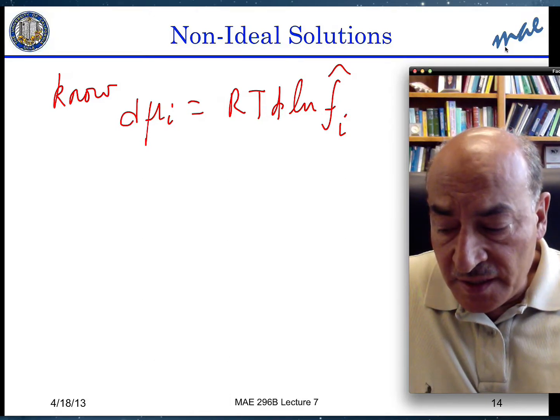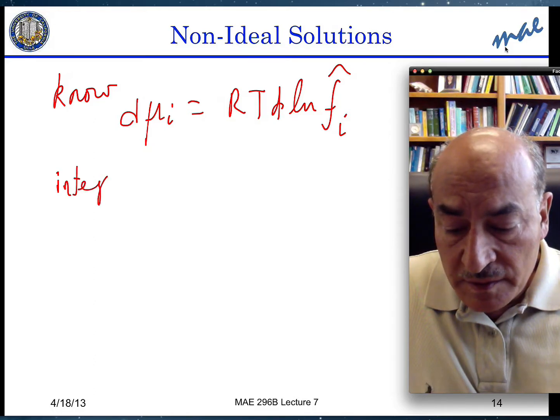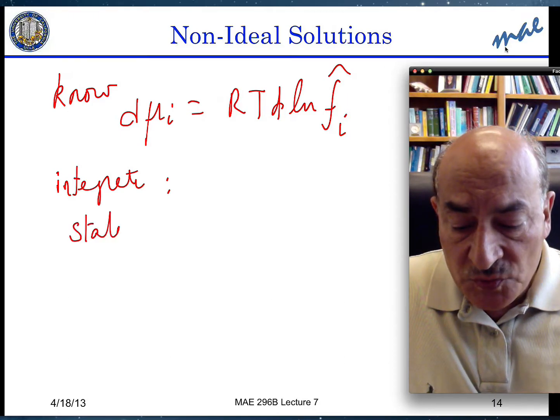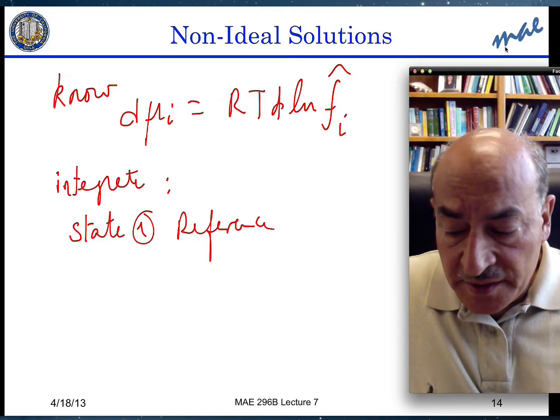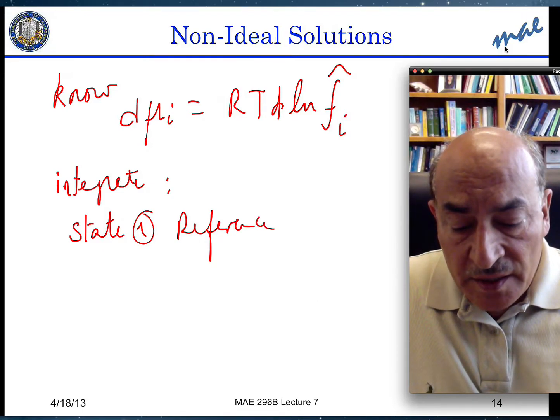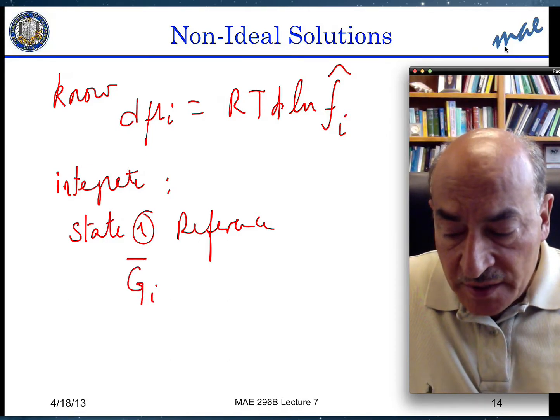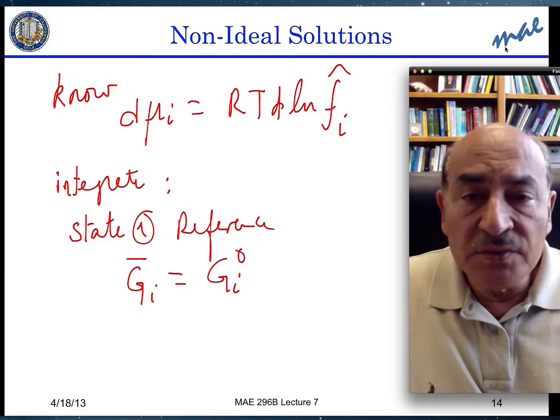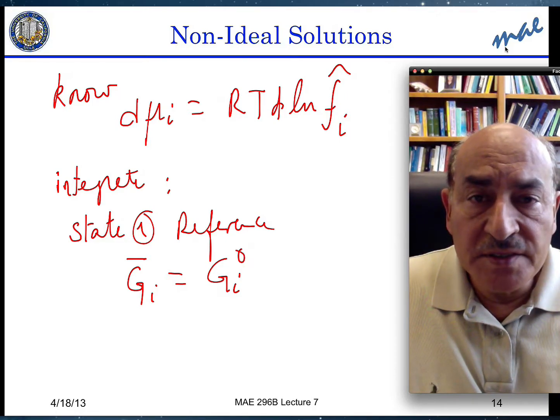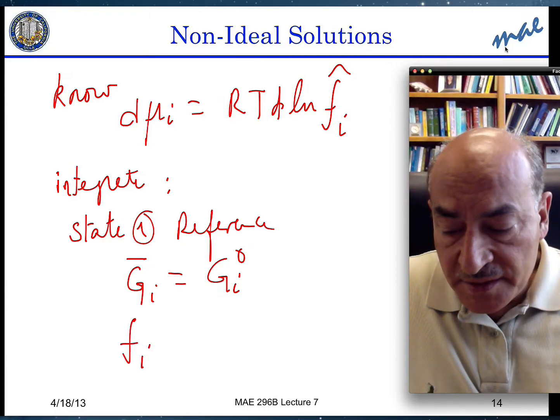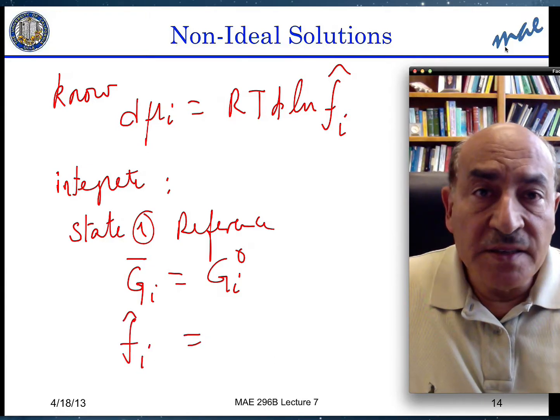So let's say I want to integrate between two states, and I'm going to say state 1 is a reference state, and in this reference state we will have Gi bar equal to Gi 0, where Gi 0 is the reference Gibbs free energy, and fi hat in this case is in the reference state.